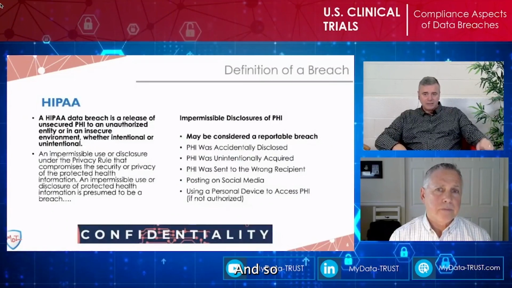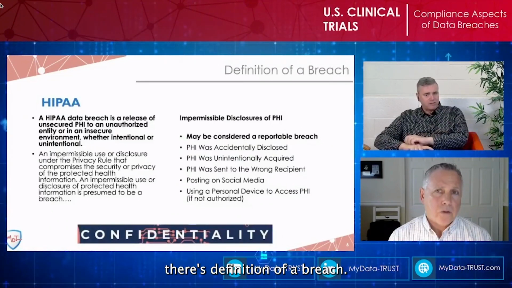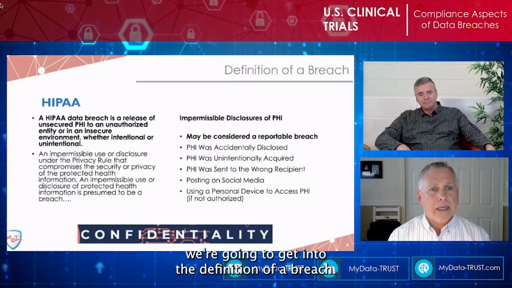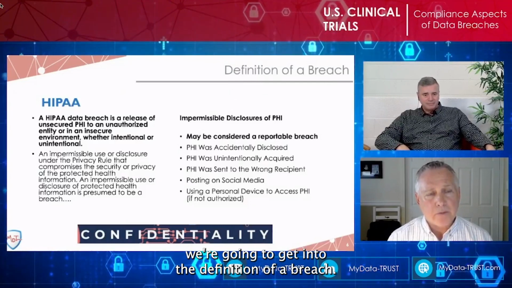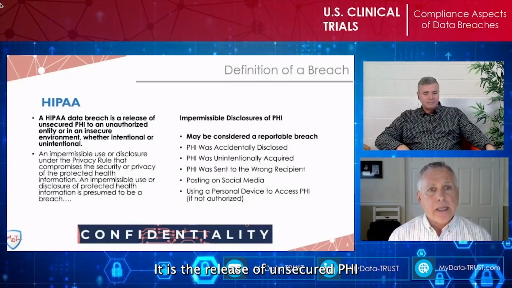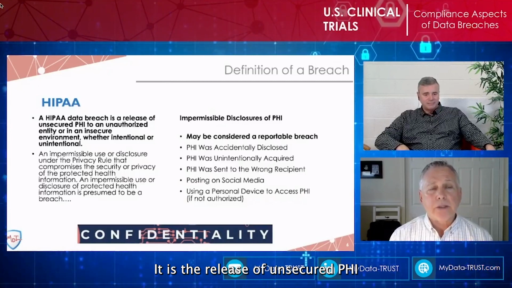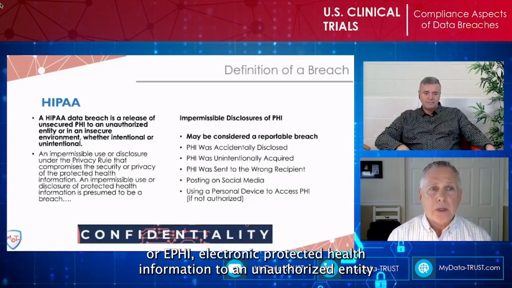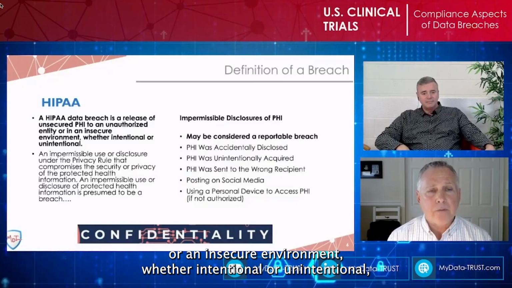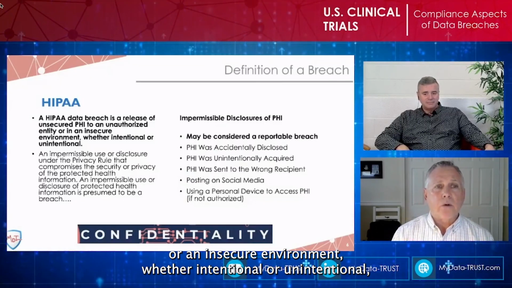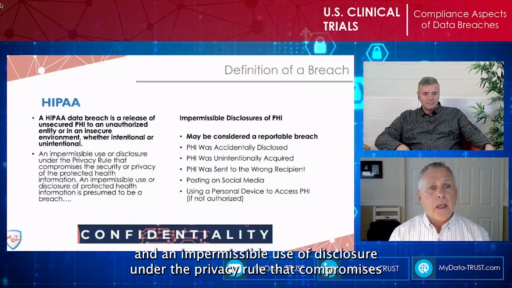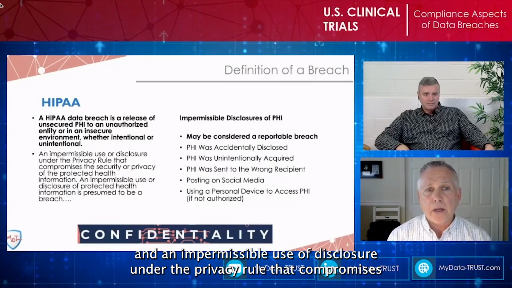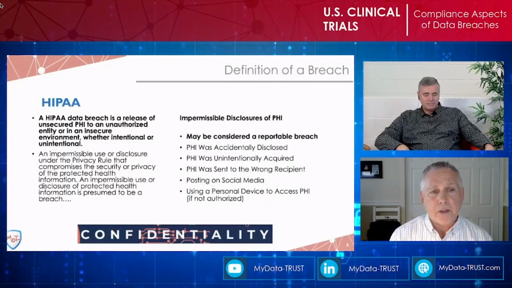And so, Jay, there's a definition of a breach for HIPAA. From the HIPAA perspective, a breach is the release of unsecured PHI or ePHI, again, electronic protected health information, to an unauthorized entity or an insecure environment, whether intentional or unintentional, and an impermissible use or disclosure under the privacy rule that compromises the security or privacy of PHI.